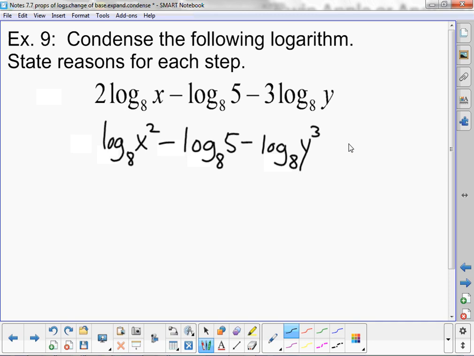So that's going to flip over, I believe. So let's do this. This will be log base 8 of x squared over 5, minus log base 8 of y to the third also.